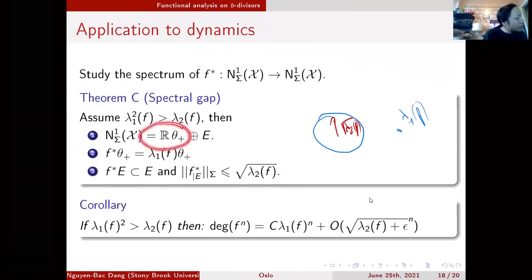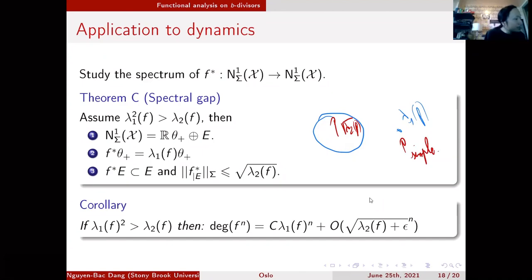On this space of dimension 1, you get an eigenvector for the eigenvalue lambda1 of f. And on the complement, you get an action that has spectral radius smaller than square root of lambda2 of f. So this eigenvalue is now simple. So it's exactly like in the regular case.